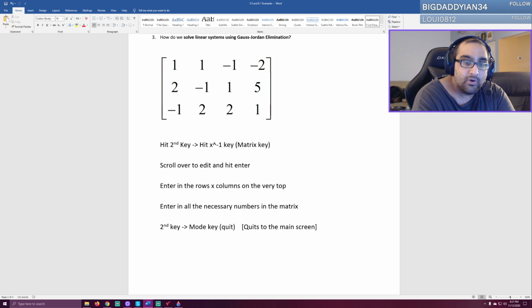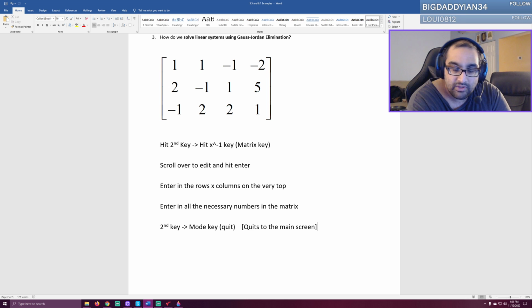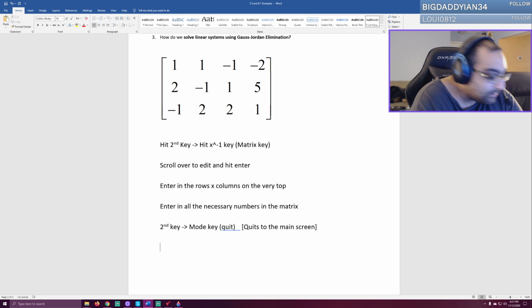So I stress making sure you don't have any bad button presses. Just hit second and mode to quit to the main screen once we're done with that part. Just good habits for the calculator overall. The calculator is very finicky, so we're going to acquiesce to its demands since it's going to do the work for us.